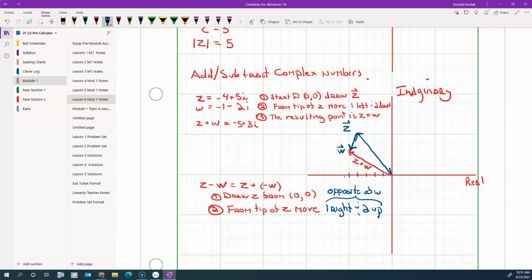So I go one right, two up, right there. That's negative w. And this is called the resultant.